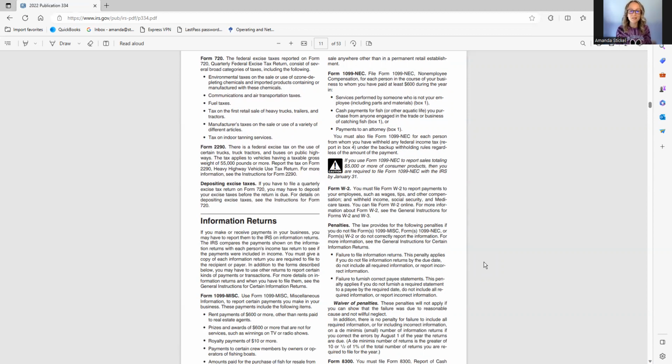That last one kind of seems random, just thrown in there. Basically it's anything that they feel is unsafe, they're adding extra taxes on there.